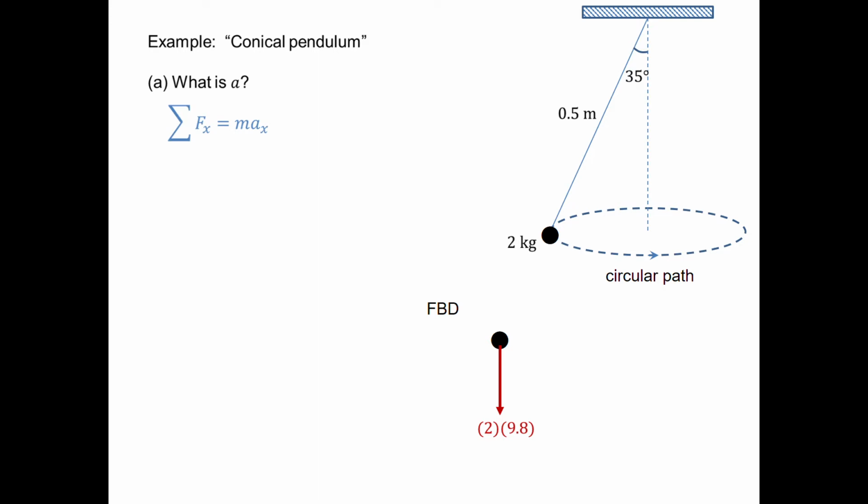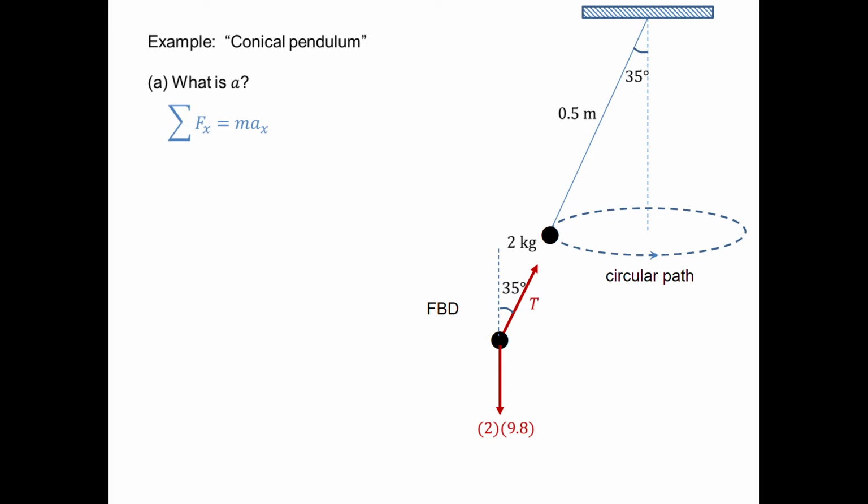There have to be some other ones, otherwise it would be in free fall, right? The only other force that we can see is the tension in the string. I don't know what that tension is, but the tension in the string is always directed along the direction that the string is pulling, right? Strings can't push on things in different directions. They can only pull in the direction that the string is oriented.